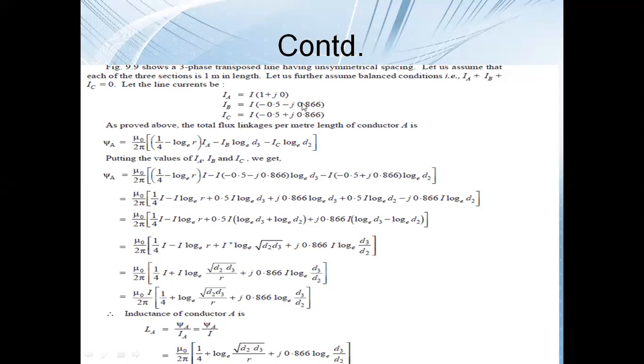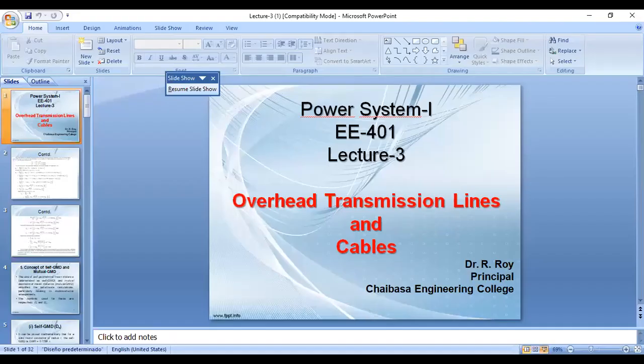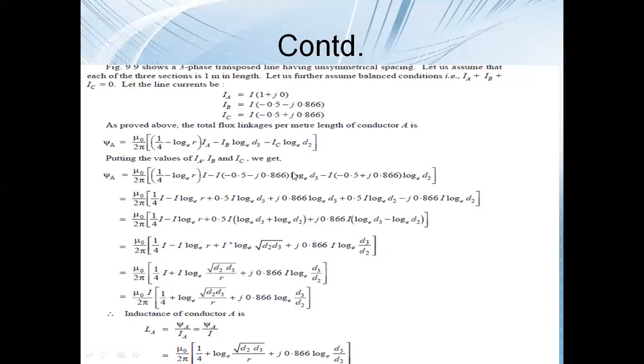Ia plus Ib plus Ic will be equal to 0, and that's why this particular term is coming. Is this expression clear? Yes, sir. Because last class we have discussed this expression.